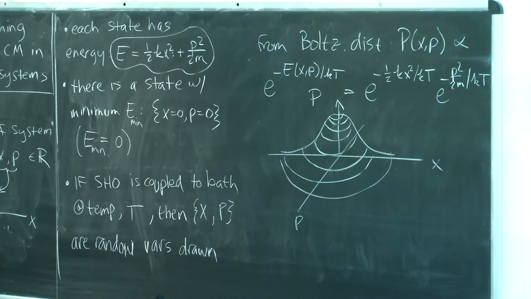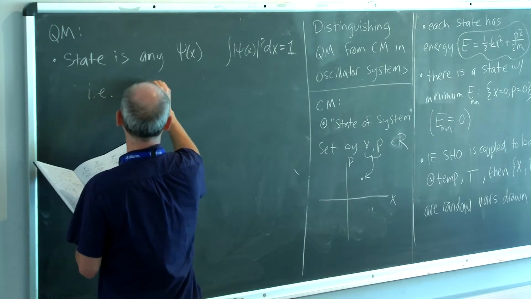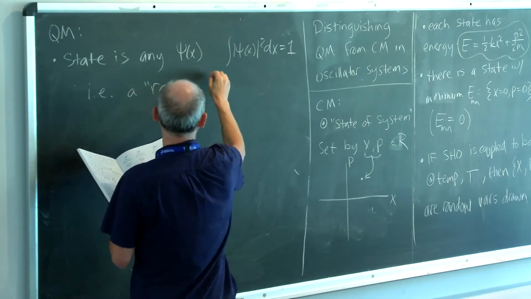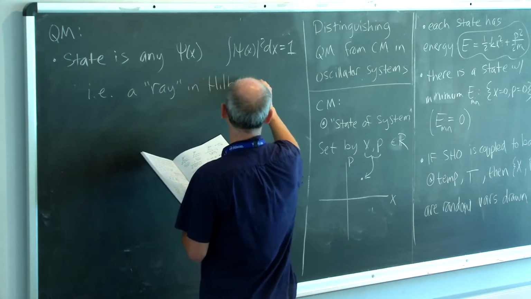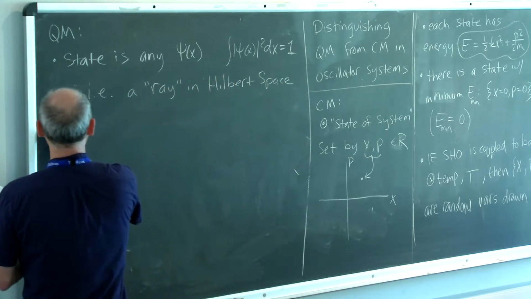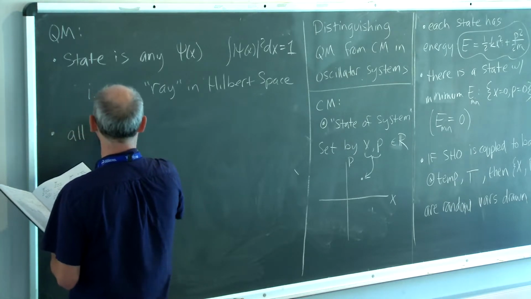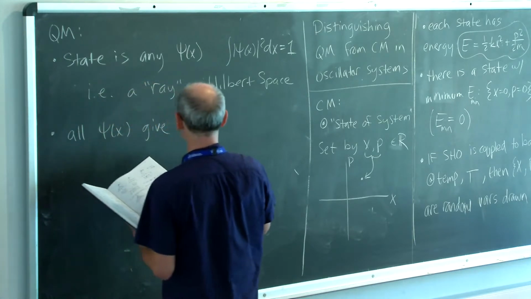So here we would have a state that is any square normalizable function, which is to say it's equivalent to a ray in Hilbert space, though often we just call them vectors. Every one of these states, so every wave function that I can imagine, has a well-defined expectation value of the energy.